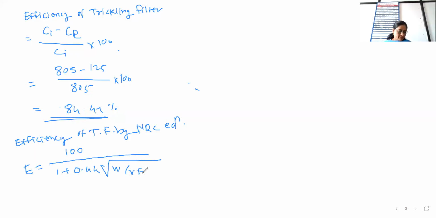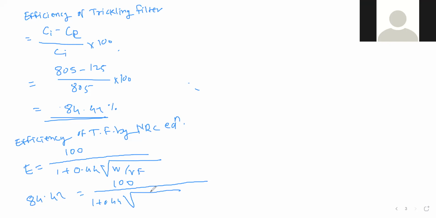Is it? So here the efficiency, this we have already calculated above, that is 84.47. 84.47 is equal to 100 upon 1 plus 0.44 under root W. What is the W now here? Who will tell me what is the value of W here?